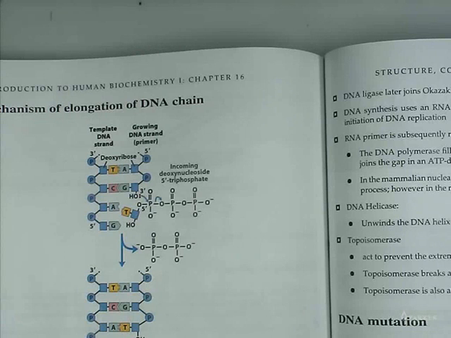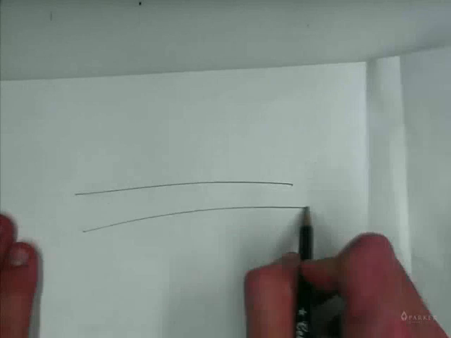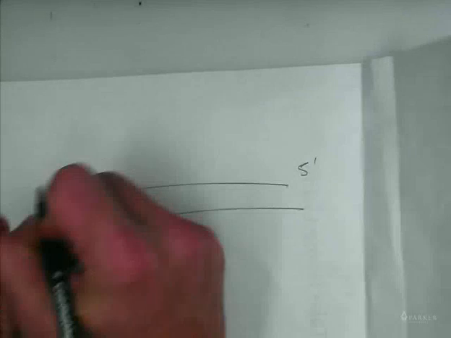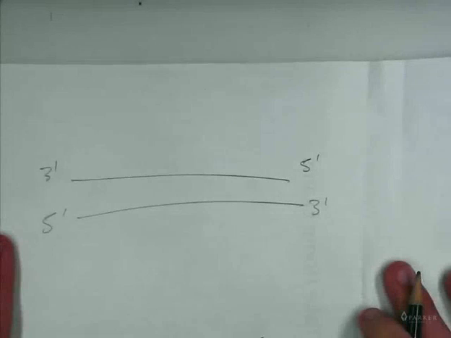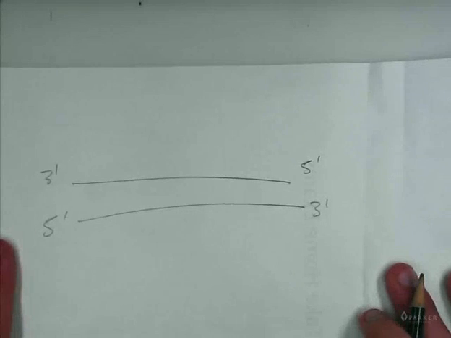That's okay. No. 5' to 3' is the one that's been replicated, because it's being read 3' to 5'. Let's bring back old take-home exams. We have DNA, 5', 3', 3', 5'.